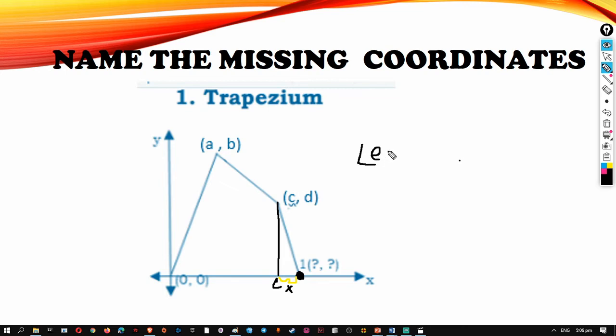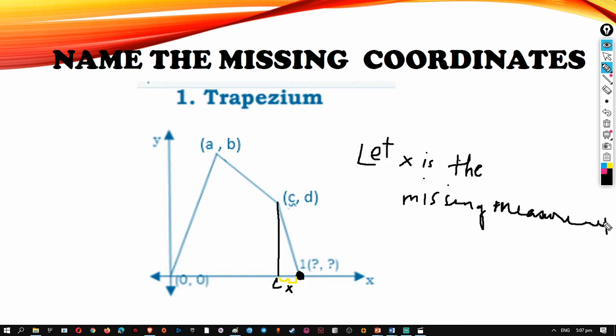So, we say let x equal the missing measurement.